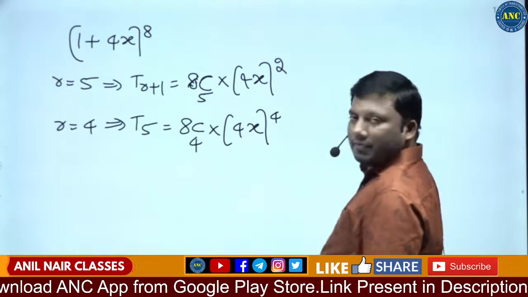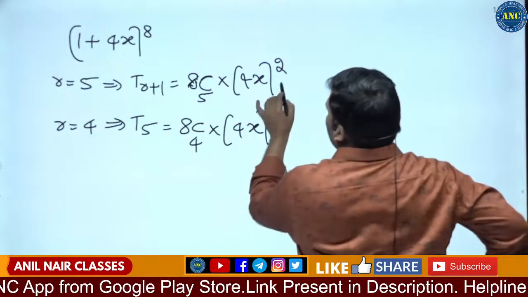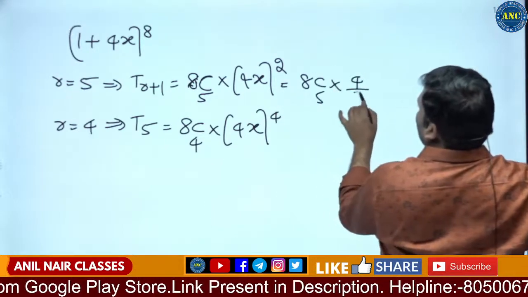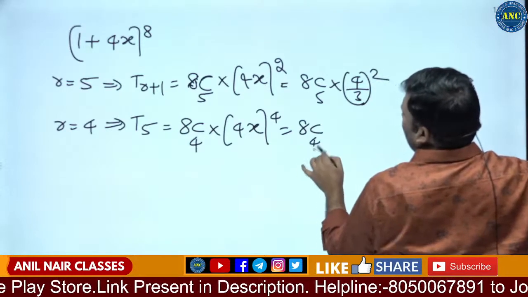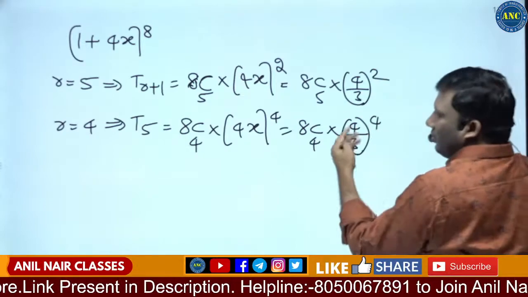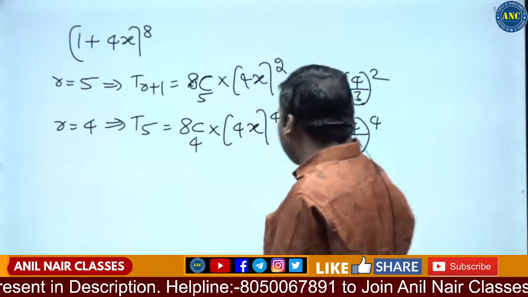And r value 4 gives 8C4. Now you can cross check by using calculation. 8C5 into (4/3) power 5, and here it is 8C4 into (4/3) power 4. You can solve it and check whether which one is giving the greatest value. I hope the idea is clear.